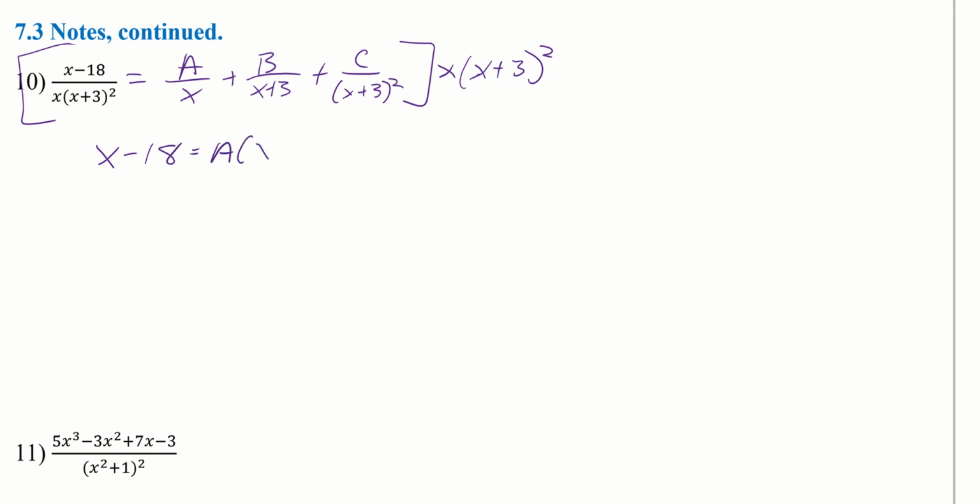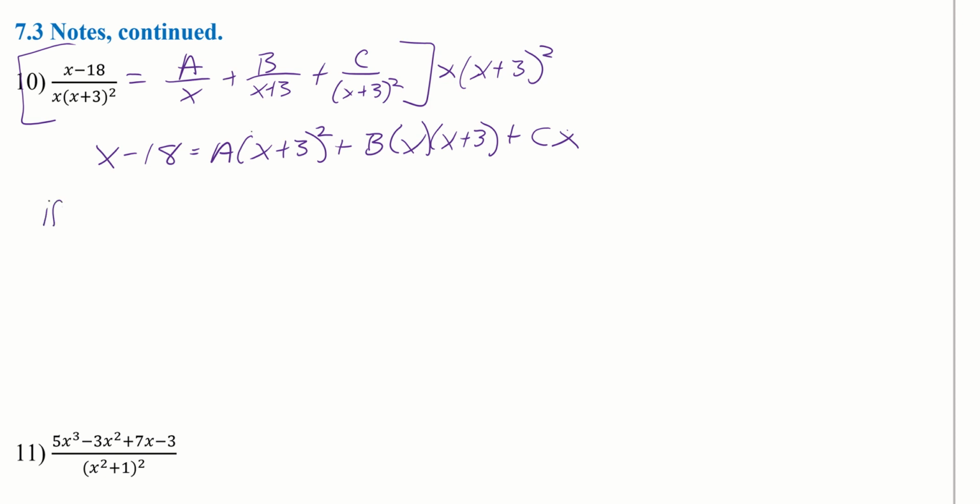The x goes away, but I have the x plus 3 squared plus b. Get rid of one of those x plus 3 factors. So I'm left with x and x plus 3. And then c gets rid of two of those factors and then left with cx. Okay? So this one's a very common one where a and b have a common factor and then b and c have a common factor.